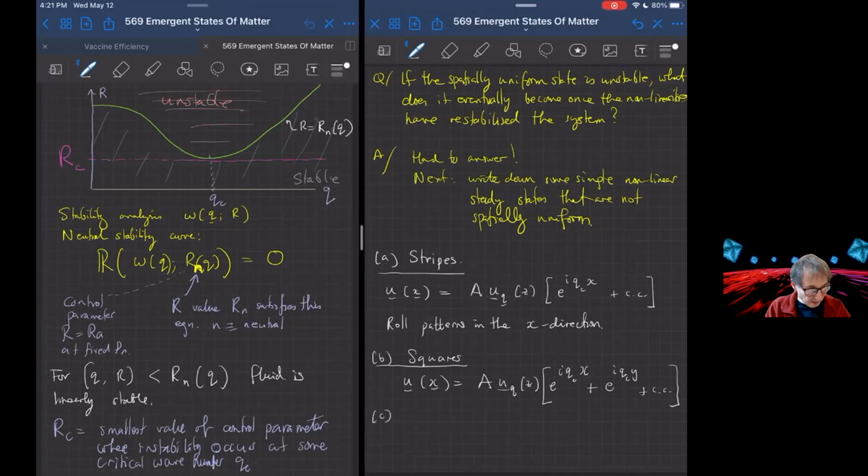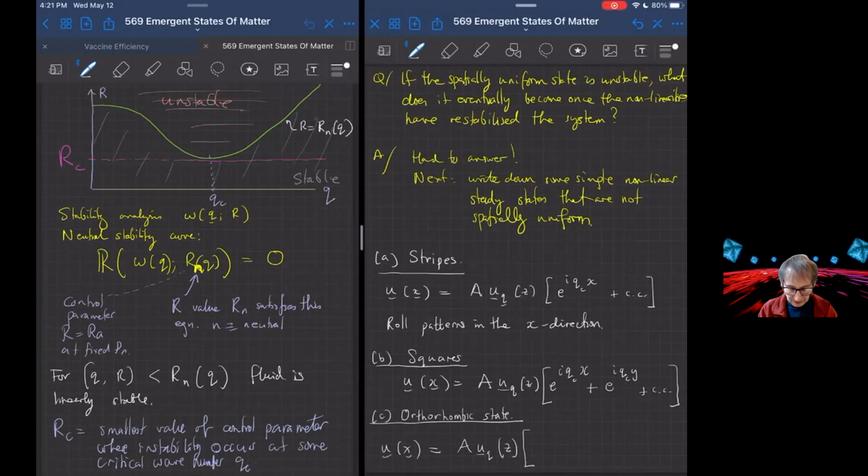I can have a pattern which looks like an orthorhombic state. So an example of this would be the function u of x is equal to A times some function in the z direction, and then the angle between these stripes is not necessarily 90 degrees.